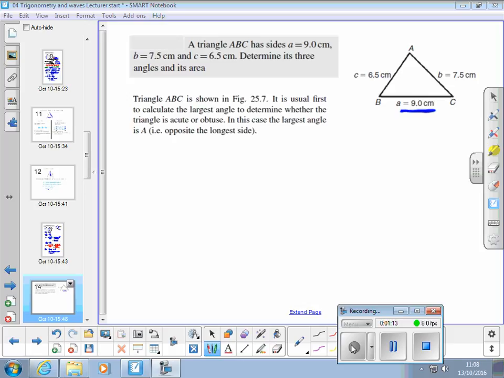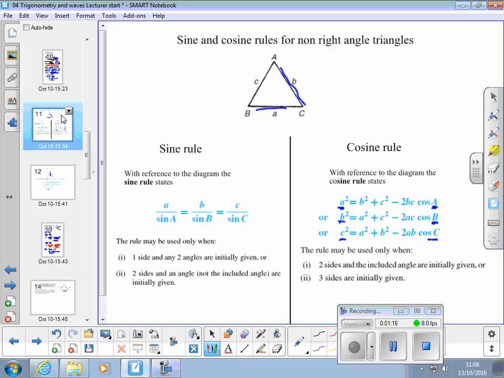So if we go back to our methods on that page, when we're given all three sides, we can't use the sine rule because we don't know any angles.